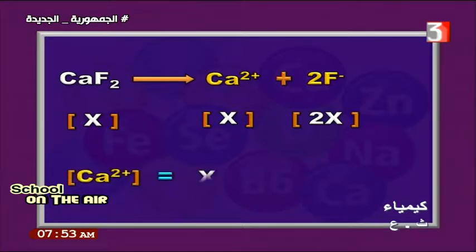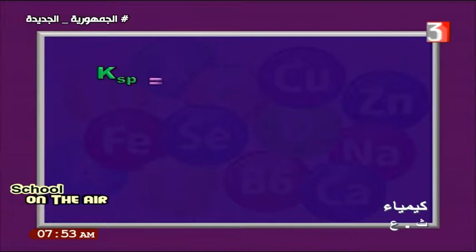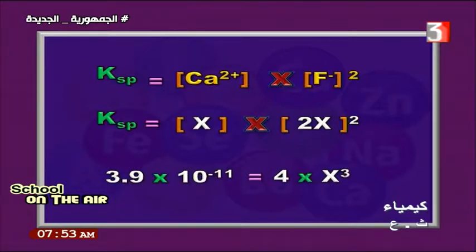So calcium concentration equals X and concentration of fluoride ion equals 2X. So Ksp equals the concentration of calcium ion times concentration of fluoride ion to the power 2, as the number of moles of fluoride ion is 2. Then Ksp equals X times 2X to the power 2. So substituting the value of Ksp, it will be 4X cubed as shown on the screen.